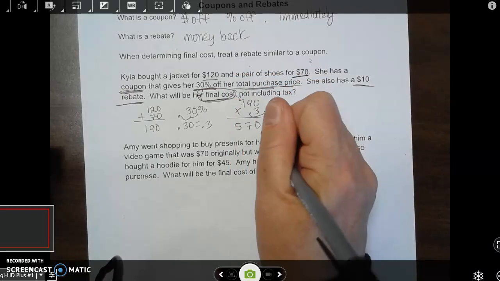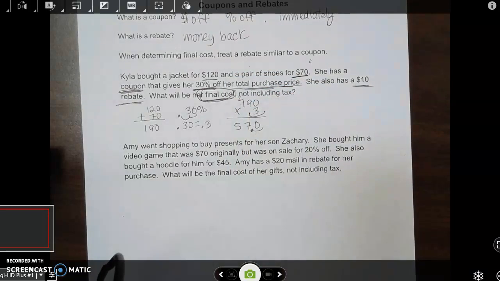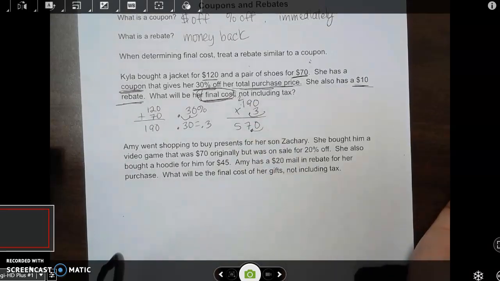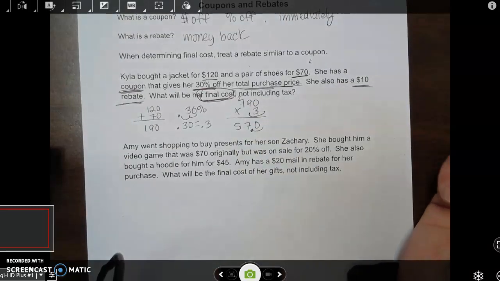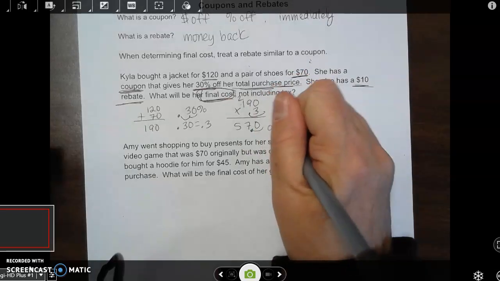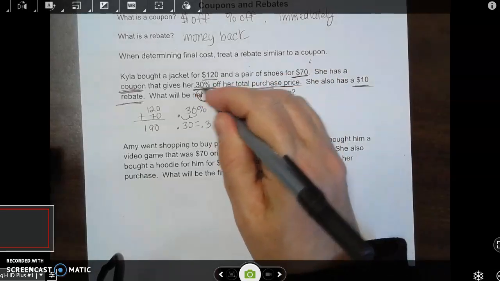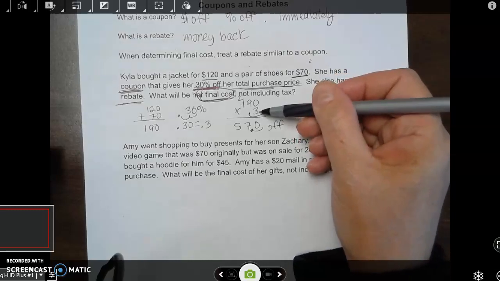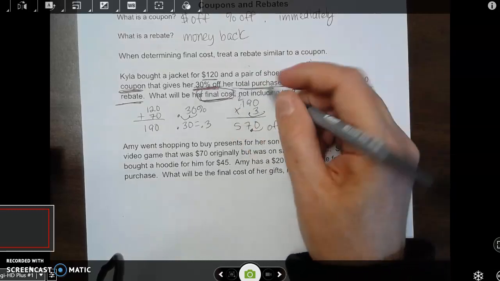Move the decimal once. So this right here, what does that represent? Hopefully you know that this represents the off, and the reason I know that is because 30% is the off. So whenever I ask what does this represent, look at my decimal, back what it says, it's the off.